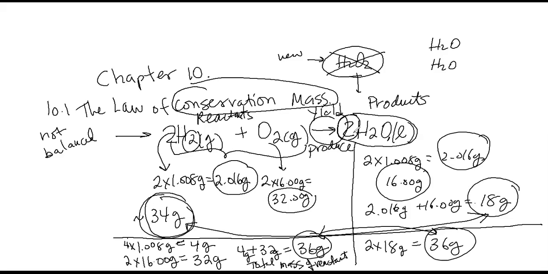And the way I balance, guys, is I always put a coefficient in front of either the reactants or a product. Always in front. I never change the little subscripts, because if you do, you're going to wind up with a totally different substance. And as a result, your chemical reaction will not be a truthful statement.